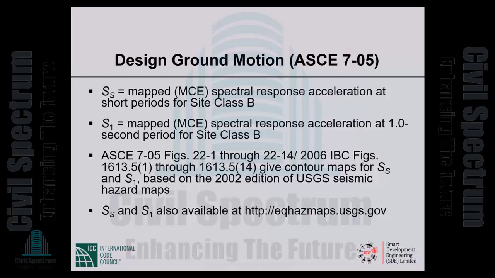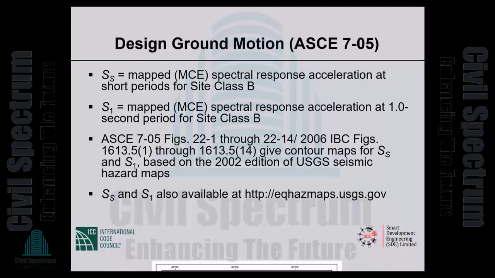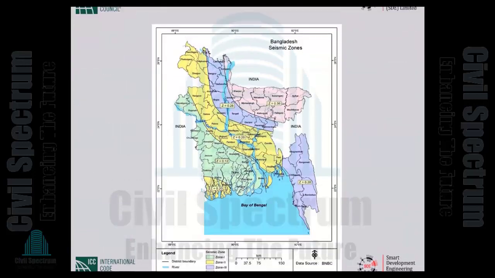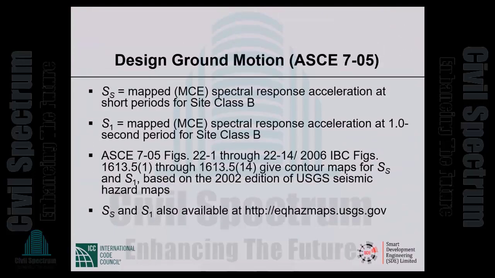Site class B refers to one of 6 site classes that we have in AC705, and it will come up very soon. We have site classes A, B, C, D, E, and F, not very dissimilar to the soil types of BNBC 2020. Okay.